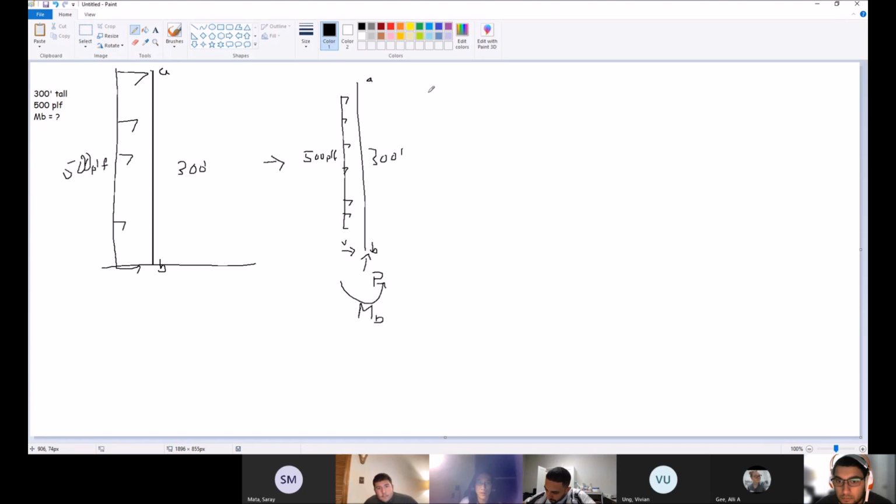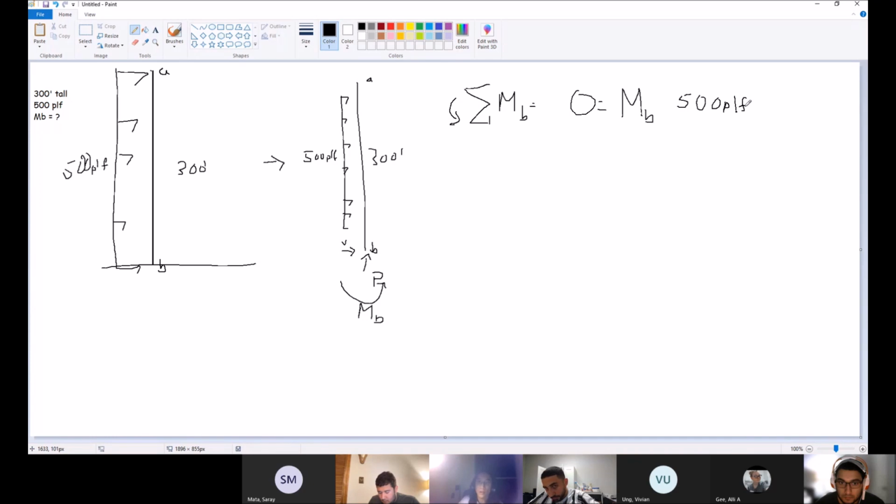So we're just going to take the summation of moments at B, because this is where we cut it and where we drew the moment. We're going to assume counterclockwise is positive. So we have 0 equals MB, that's positive because it's going counterclockwise, and we have this force, 500 PLF.